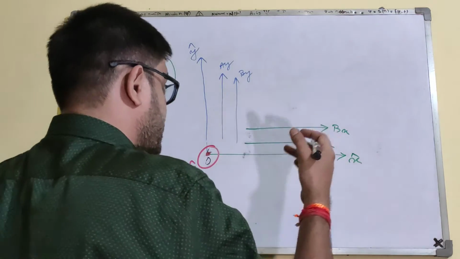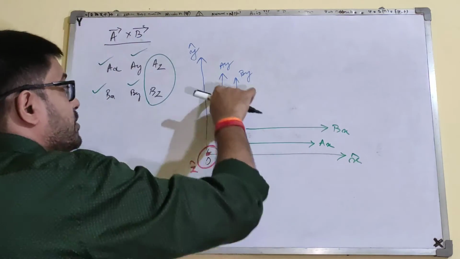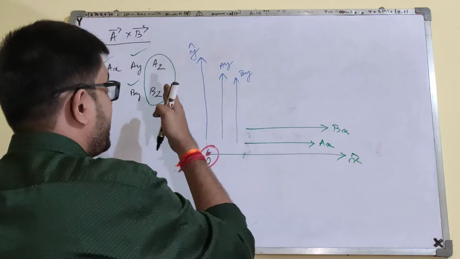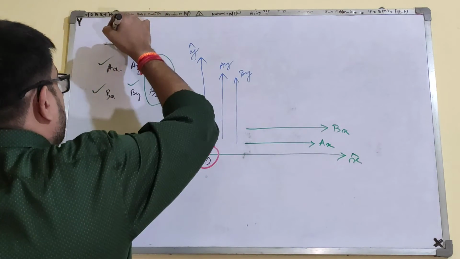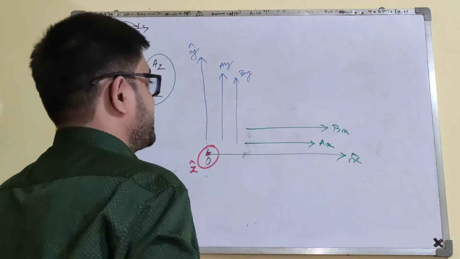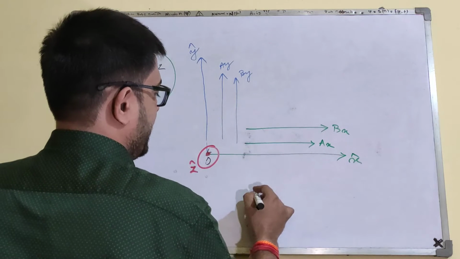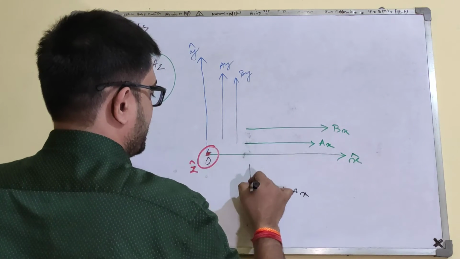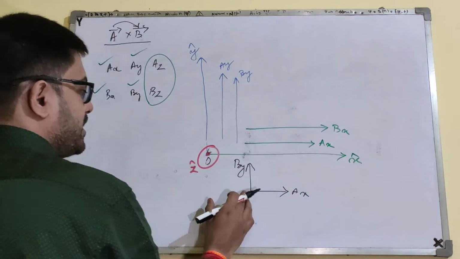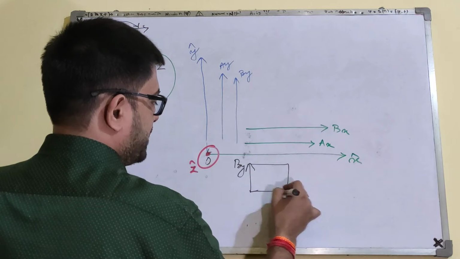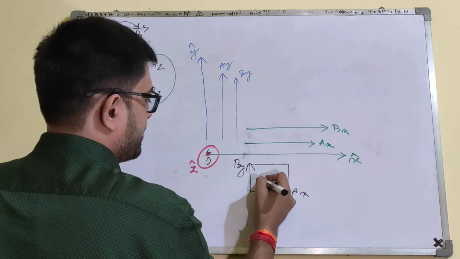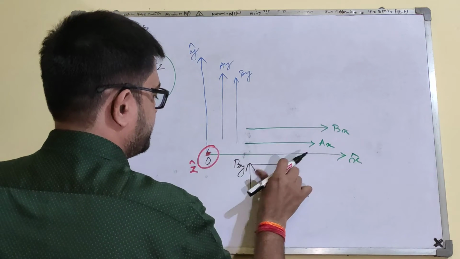That's why we have to see how ax crosses by and how ay crosses bx, because A is made to cross B. If ax crosses by, then it will become a rectangle with an area ax by.